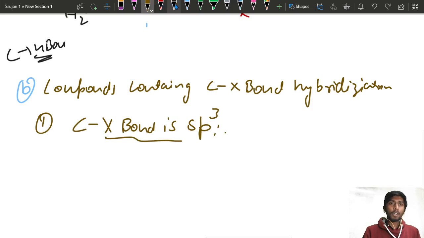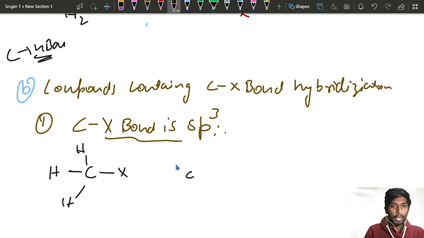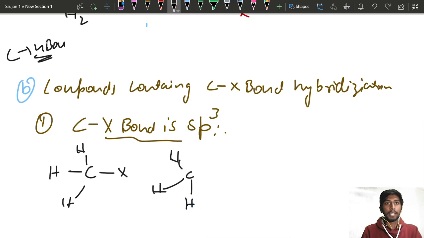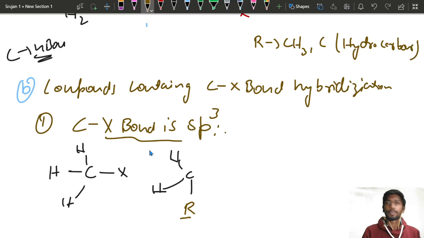So there you can talk about carbon, hydrogen, hydrogen, hydrogen, and X. This is one, and this is also one. Or let me take the R group, it will be easy for you to understand. R can be any group, like CH3, or any hydrocarbon.